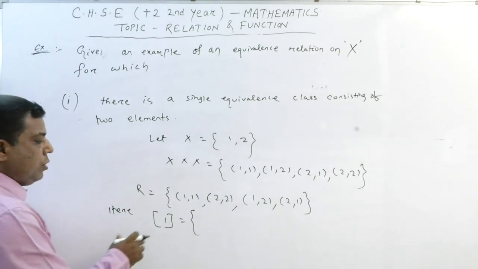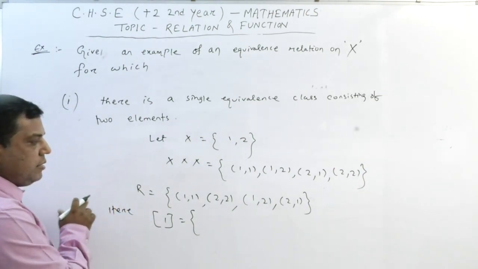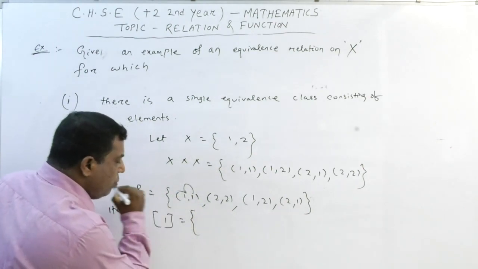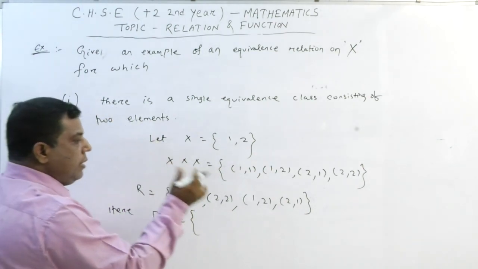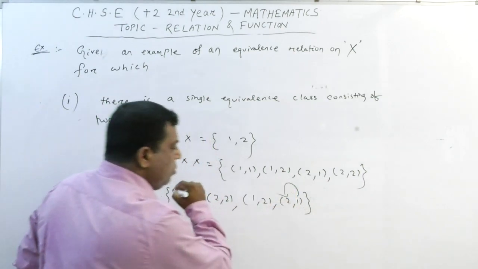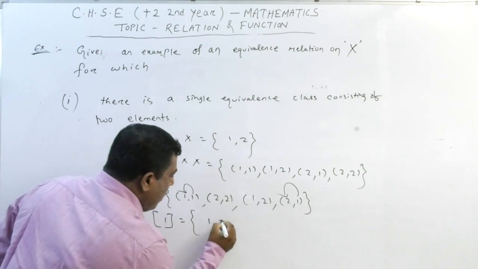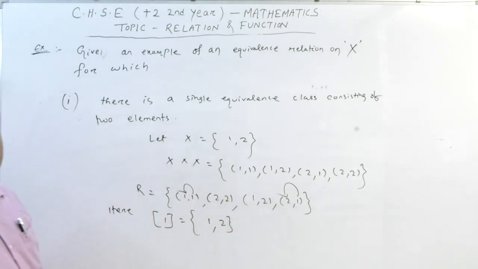You see, 1 is related to itself and 1 is related to 2. So the equivalence class of 1 is 1 2.